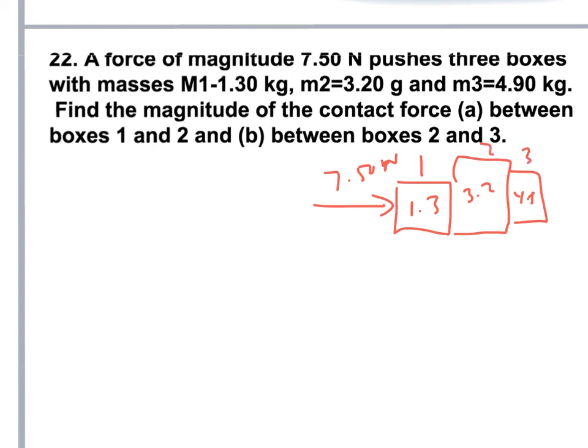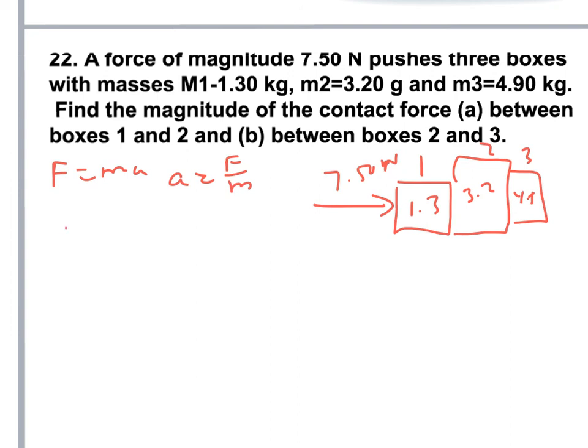Since there's only one force and there are three masses, the acceleration must be constant, and all three boxes will experience it. So we want to start out with our equation. We know F equals ma, and we can rearrange that to a equals F over m.